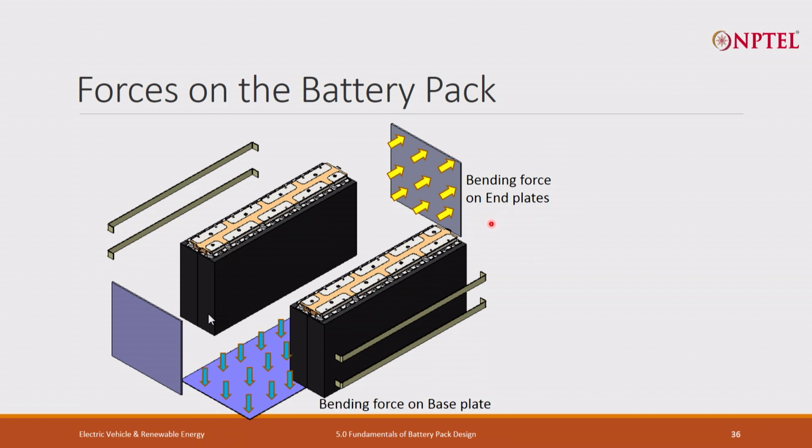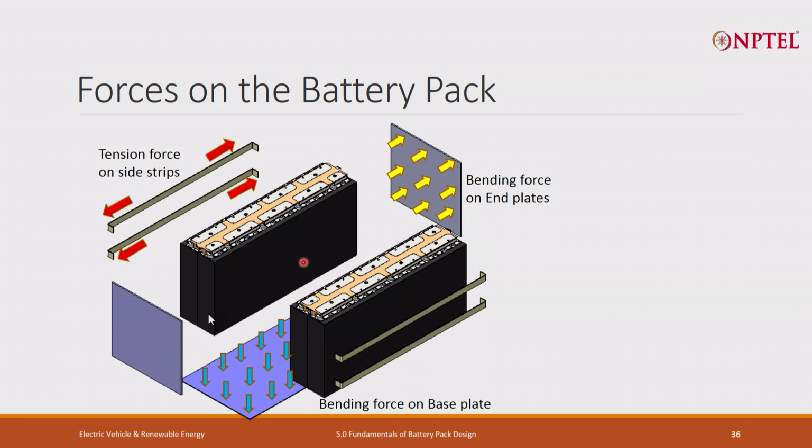So it's a bending force on the end plate. The next is the bending force on the base plate. And how is that happening? Because of the weight of the cells. Let's assume no other forces are acting, so because of the weight of the cells, the base plate gets a bending force.